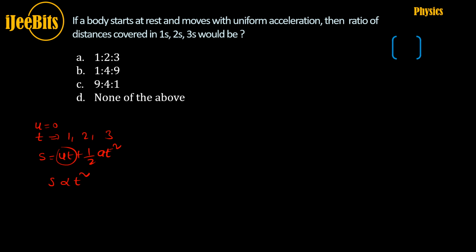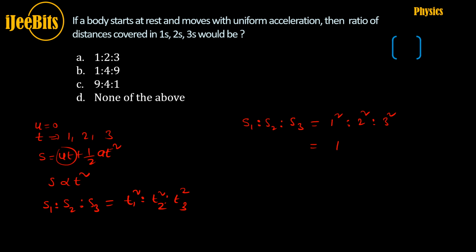So S1 is to S2 is to S3 equal to T1 square is to T2 square is to T3 square. Right. So the answer would be S1 is to S2 is to S3 would be 1 square, 2 square, 3 square. So 1, 4, 9. So answer B is correct.